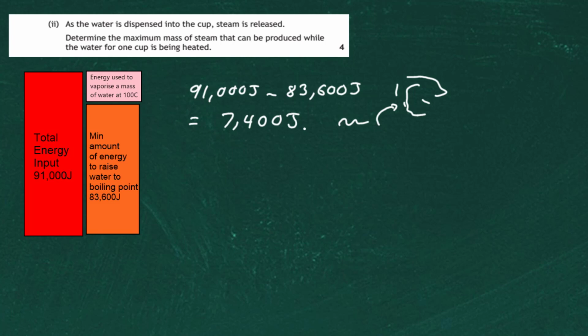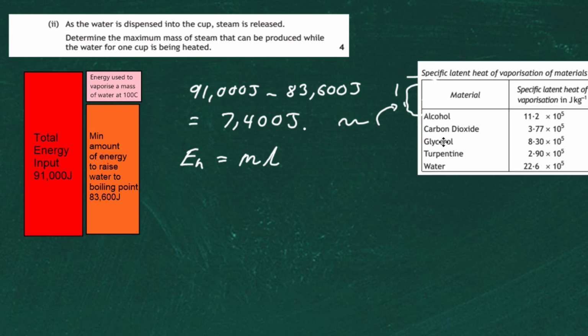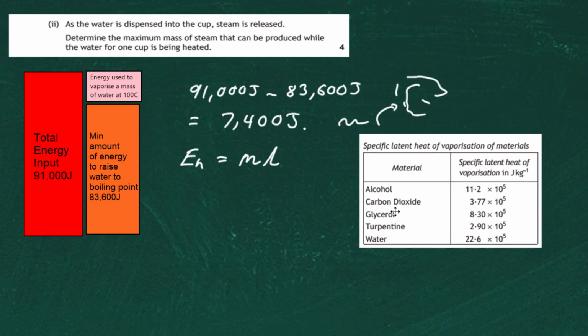Now, the key equation for this one is the following. It is E equals m L, where E is the energy put in, which will change a certain amount of water, and the key number here is this number called L, the specific latent heat of vaporization, which we can bring in here like that.